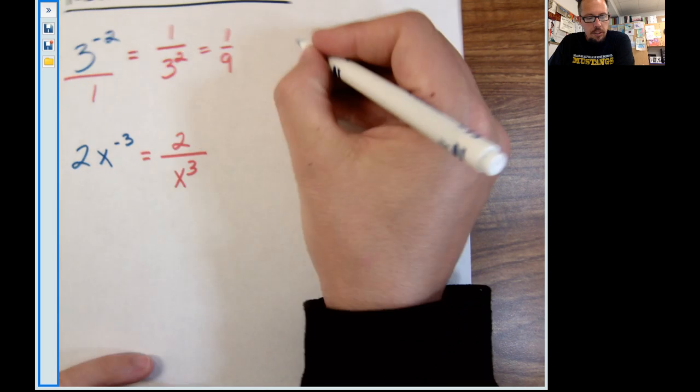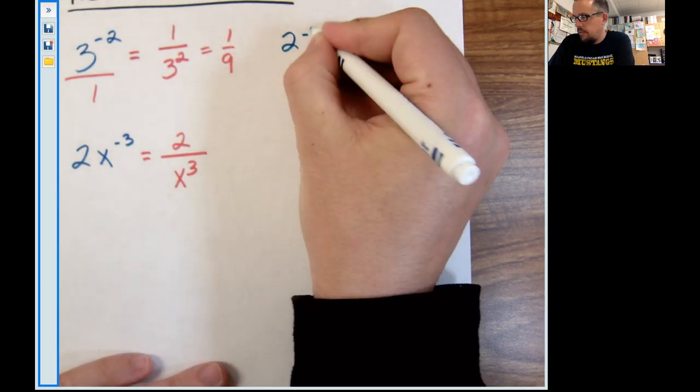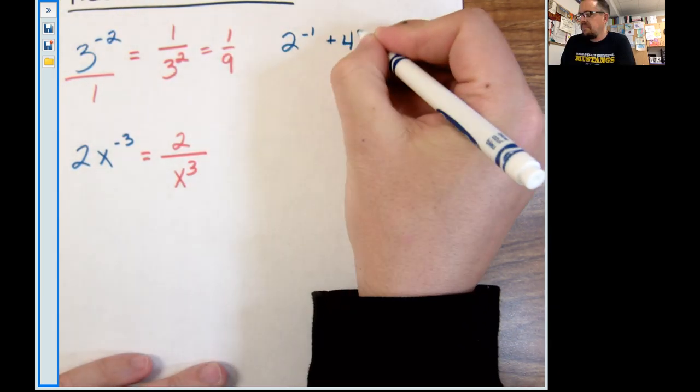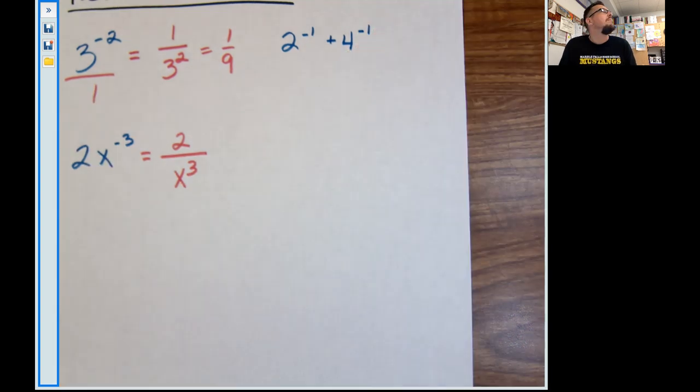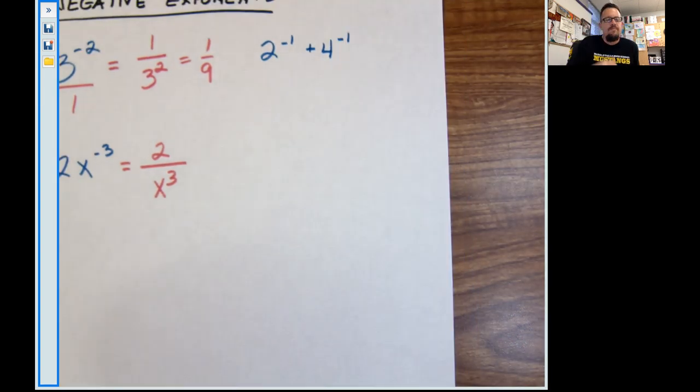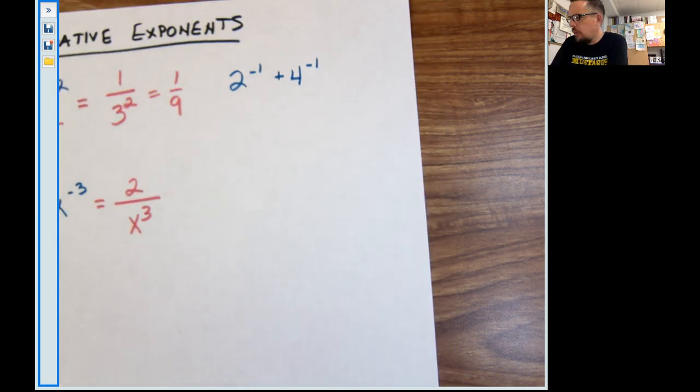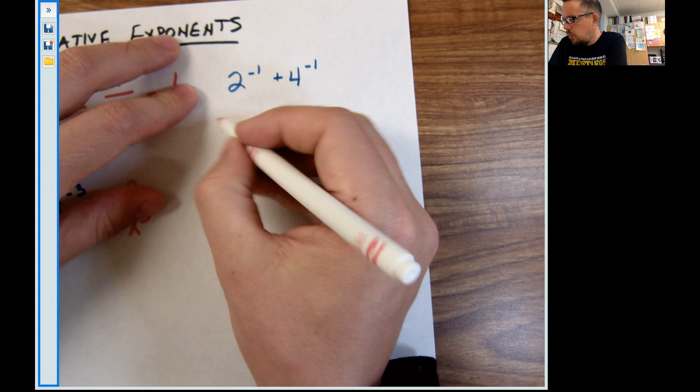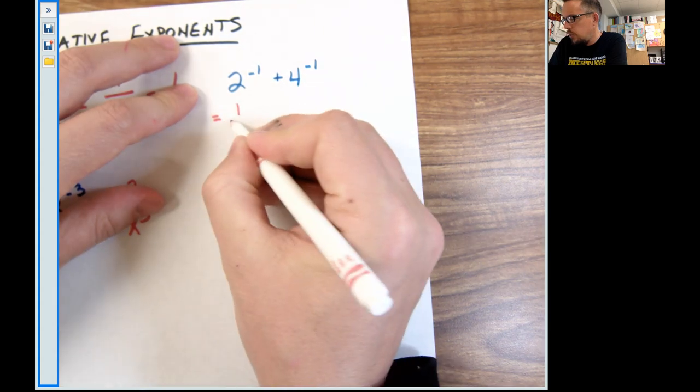Let's do some addition. So 2 to the negative first power is really 1 over 2.